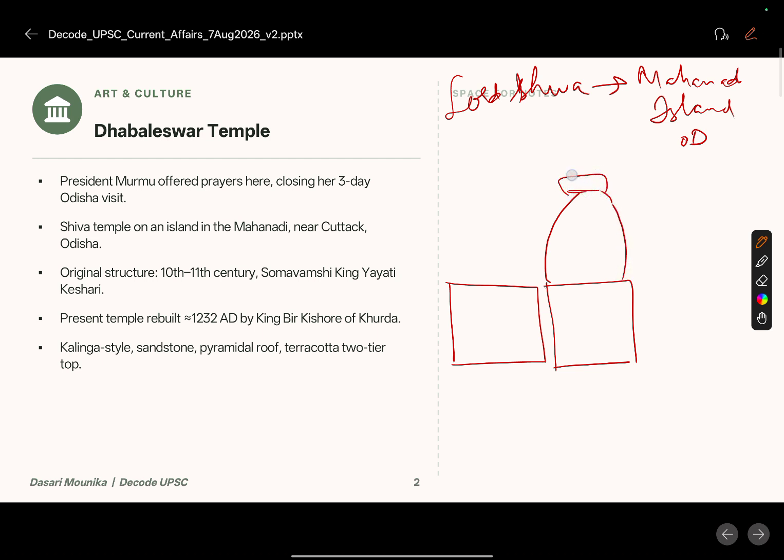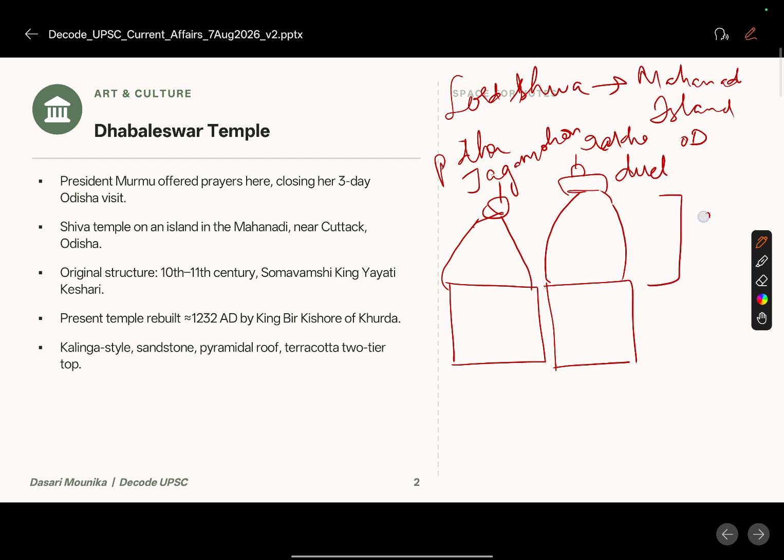So looking here, we have Pida Jagan Mohan, and the second one is called Rekha Dual. This part is called Gadi.